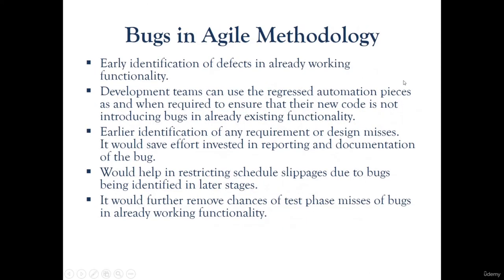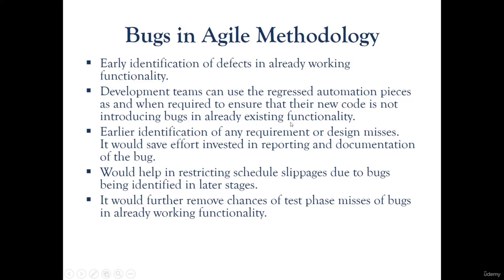Now let's talk about bugs in agile methodology. Early identification of defects in already working functionality. The development team can use testing of autonomous pieces as and when required to ensure that whenever they are changing code, it is not introducing new bugs into the existing functionality.